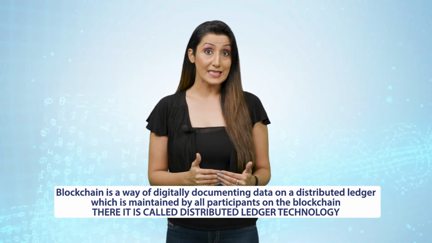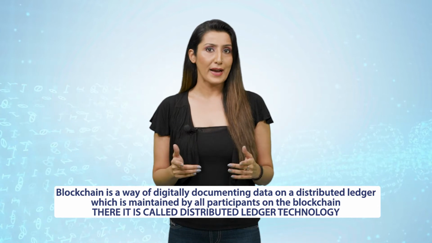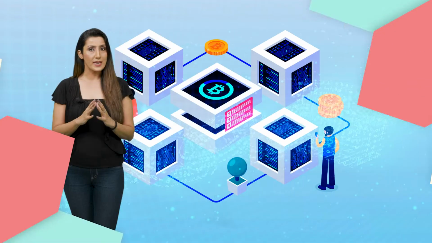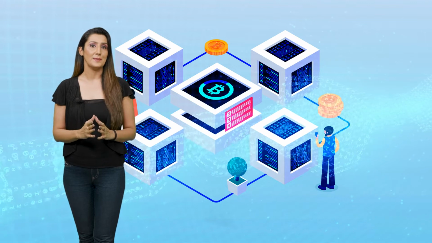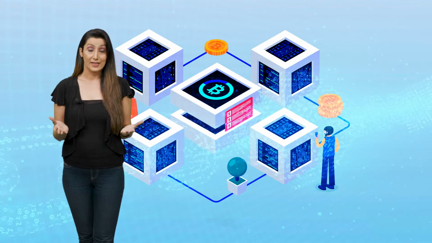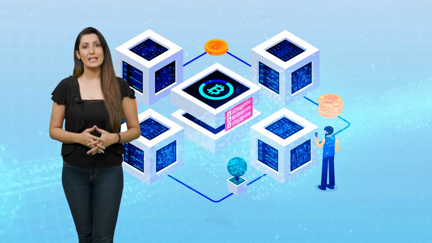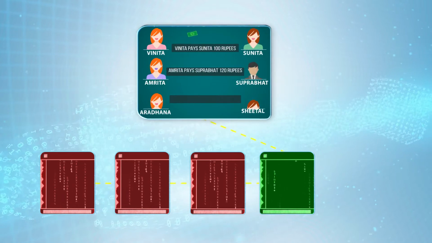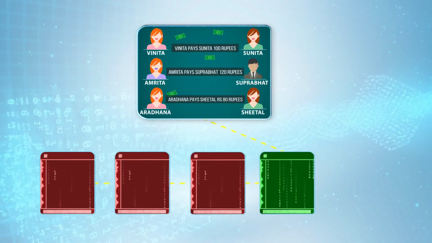To explain this in simple English, we rewind a little and break down the term blockchain. We first understand what a block is. A block is nothing but a collection of data that can be anything. In Bitcoin currency terms, it is a collection of transaction records bundled together. That is, transaction records like Vinita pays Sunita 100 rupees.